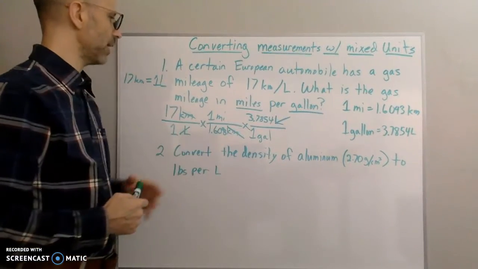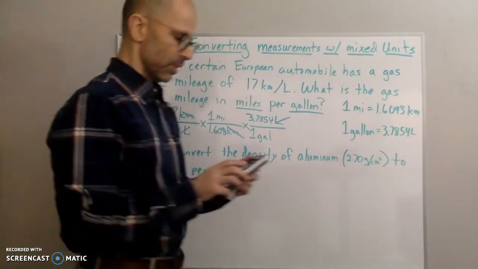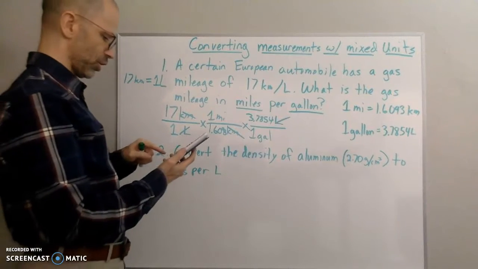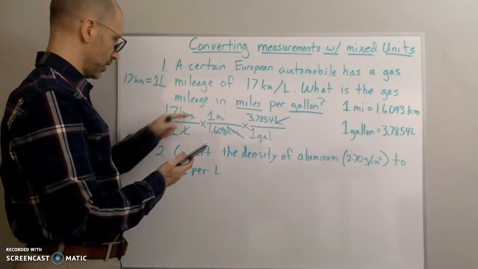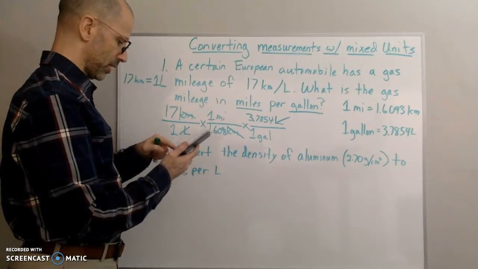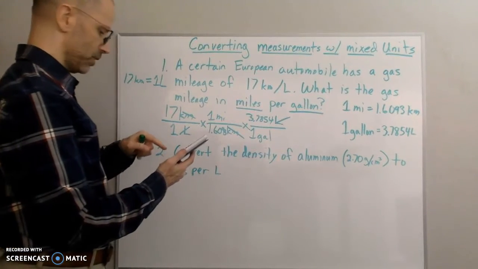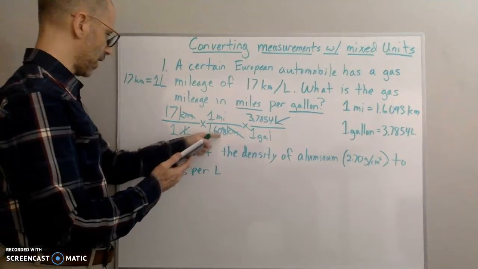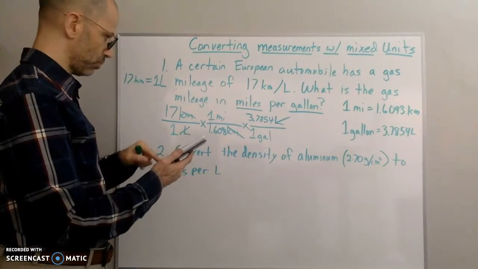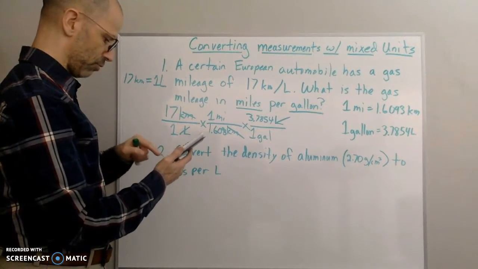So now all I have to do is just calculate the answer. So if I calculate the answer, it'll be 17 times 3.7854 divided by whatever's on the bottom. We're ignoring the ones. 1.6093 equals.